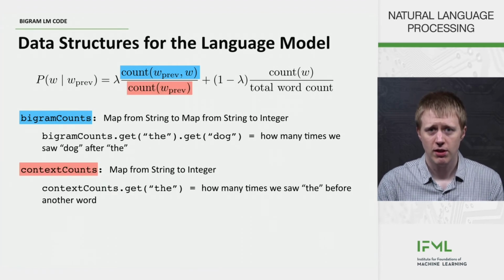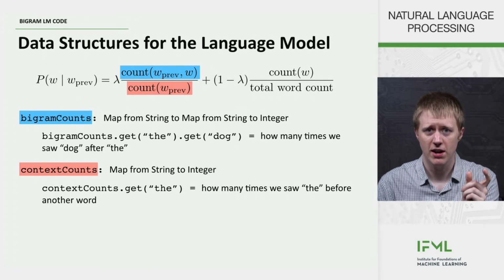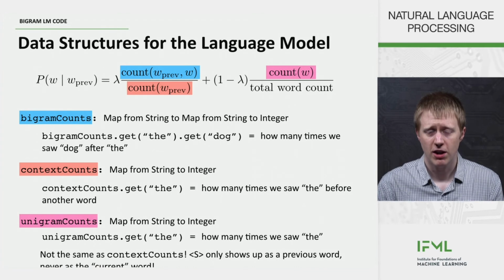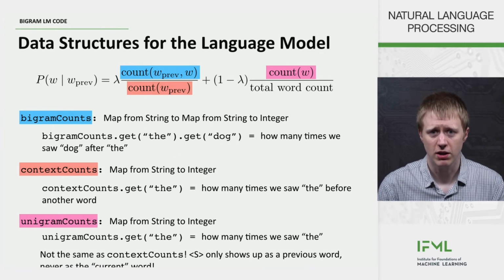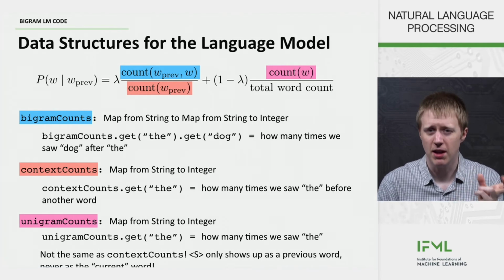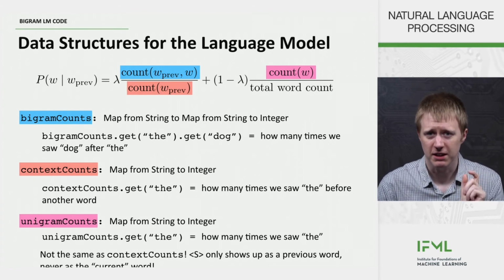Then we have the context counts, which are how many times we saw the before some other word. And then we have our unigram counts here on the top right, which is another map from string to integer. This is just how many times we saw the word the. This is very similar to the context counts, and actually these things are going to be the same most of the time.